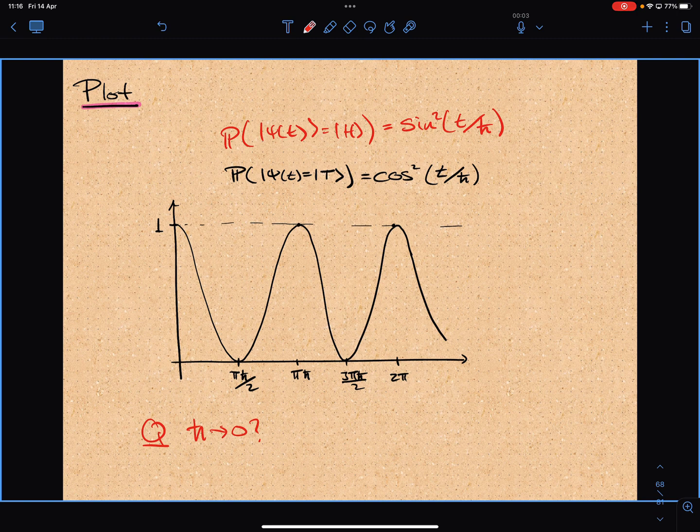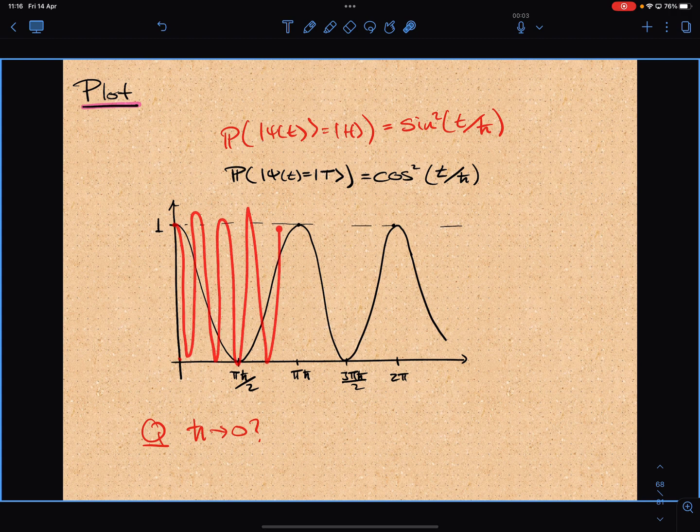I want to reconcile this with this result. So the question here, if we're just looking at the graph, what happens to the graph when h bar goes to 0? It contracts. As h bar goes to 0, it starts oscillating faster and faster.